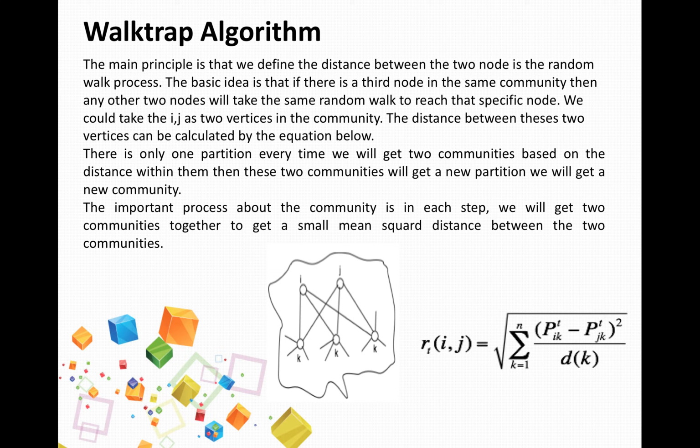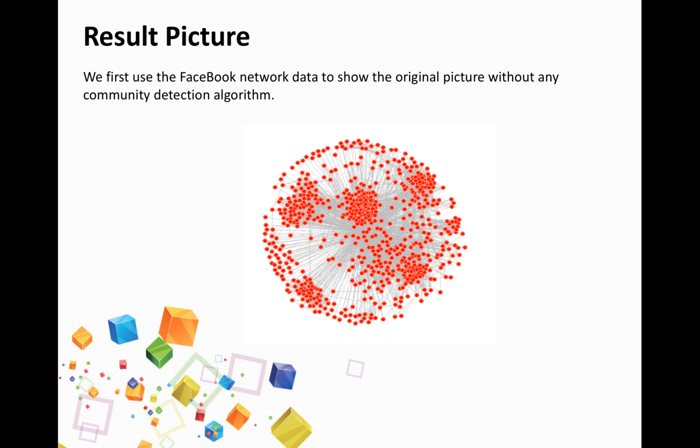Here is just the location of i and j, and here is the equation to calculate. And there is only one partition every time. We will get two communities based on the distance within them. And then these two communities will get a new partition, we will get a new community. The important process about a community is that in each step, we will combine two communities to get a small mean square distance between the two.